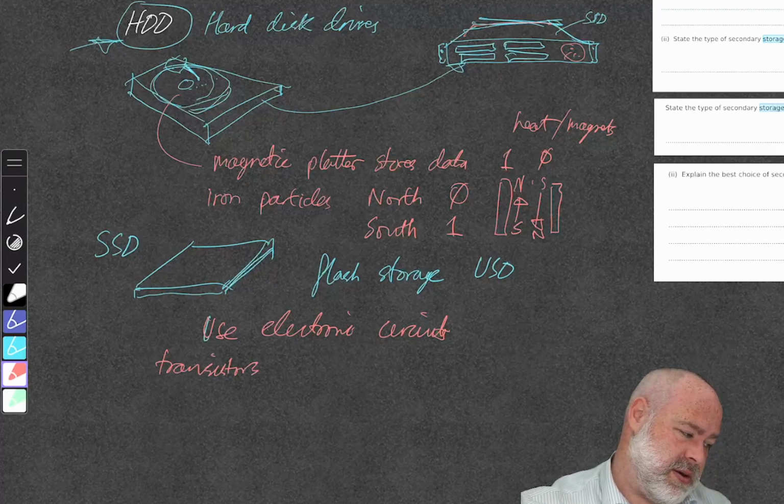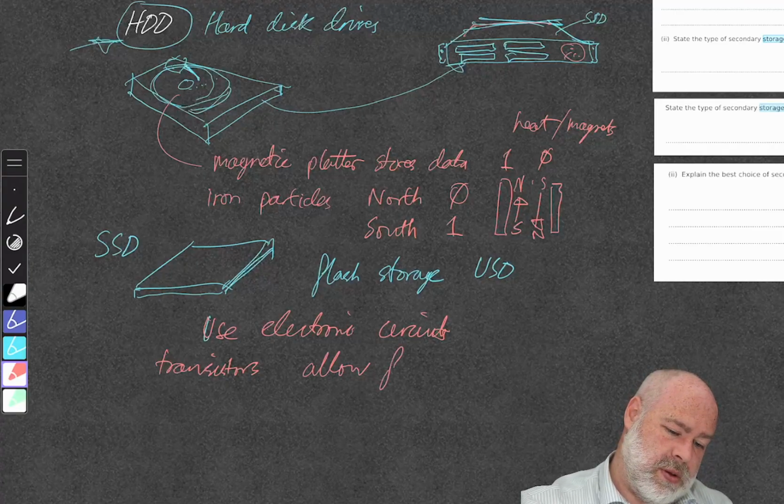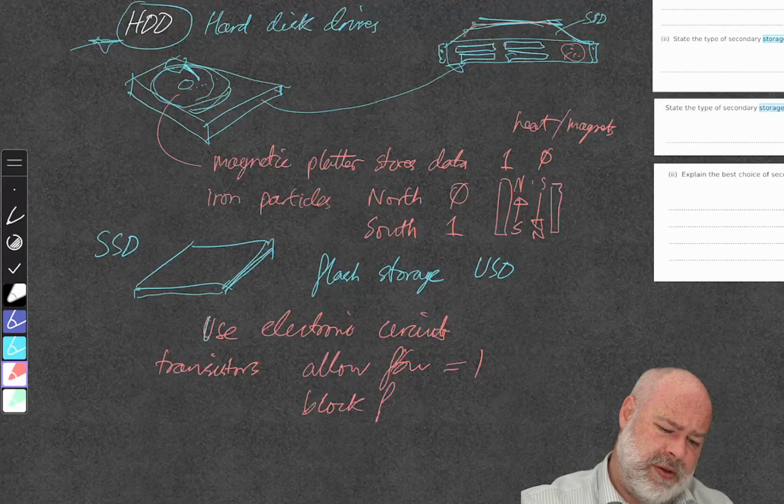Transistors are used to control the flow of current, and if you allow the flow, that equals a 1. Block the flow of current, it equals a 0.